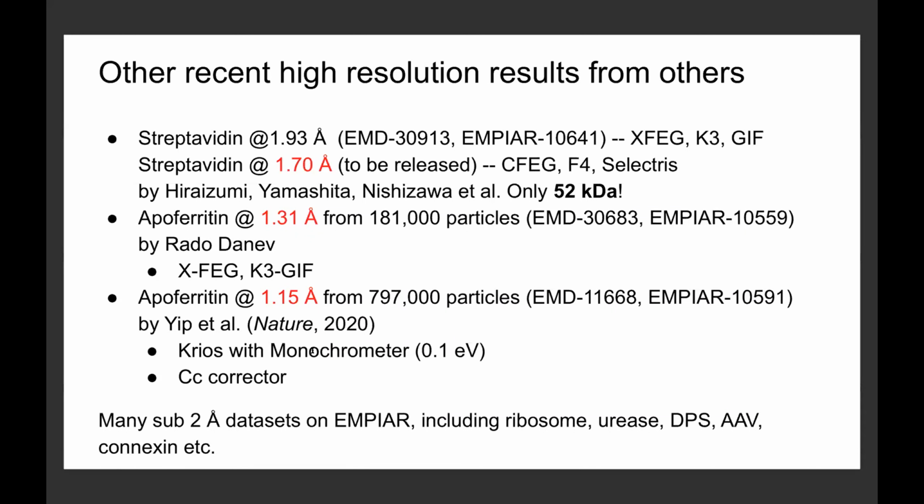His result also supports the fact that improving the envelope function due to chromatic aberration and energy spread is important to getting the highest resolution possible. And there are also many sub-2 angstrom datasets on EMPIAR, including ribosome, urease, GPCRs, AAV, and so on.